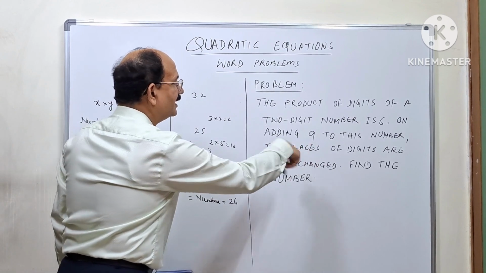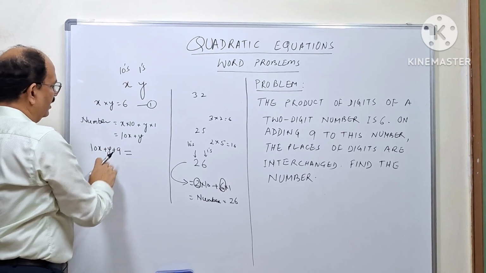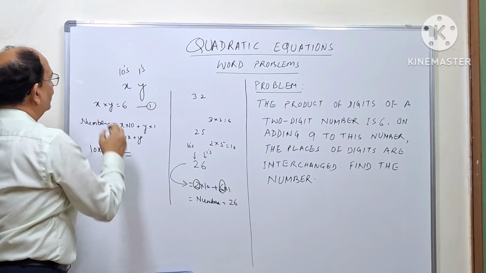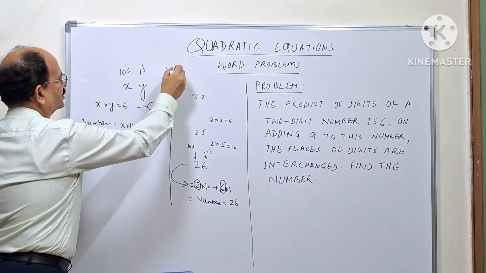Then the places of the digits are interchanged. So if I add 9, the number becomes yx.